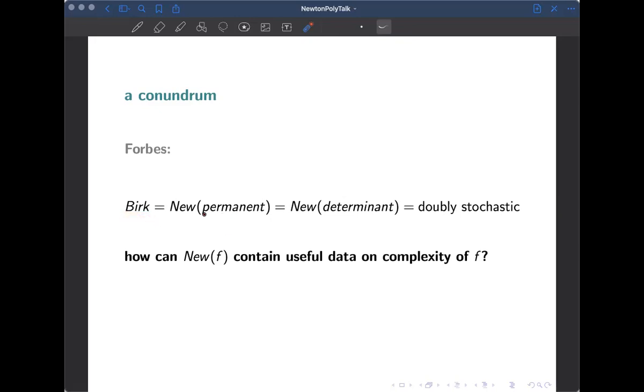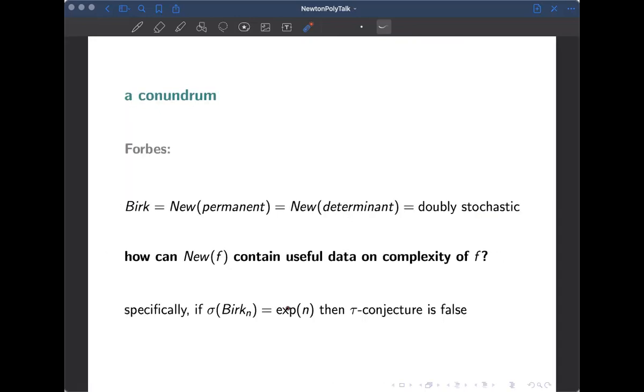And we believe that the permanent is hard to compute. We know that the determinant is easy to compute. So how can it be that the Newton polytopes are the same, but still it contains useful information about computational complexity? This is equality, and we believe that these two polynomials are very different.